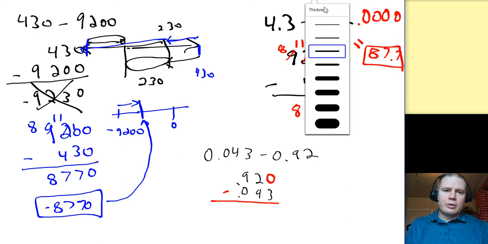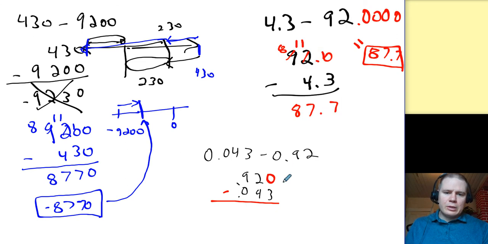Now you can subtract. So again, borrowing 10 minus 3, borrowing 11 minus 4, and 8 minus nothing is 8. That 8 is in the tenths place. I need my decimal point there.